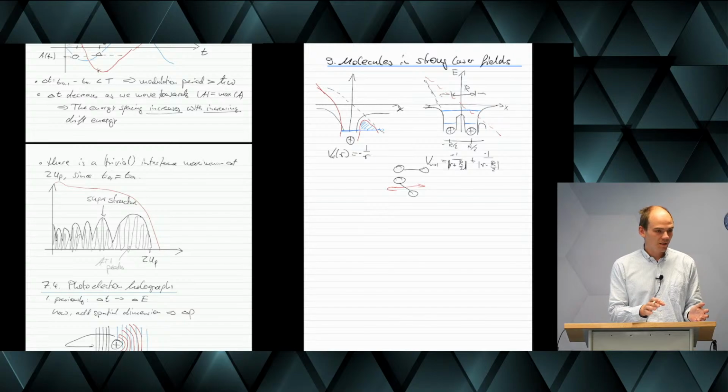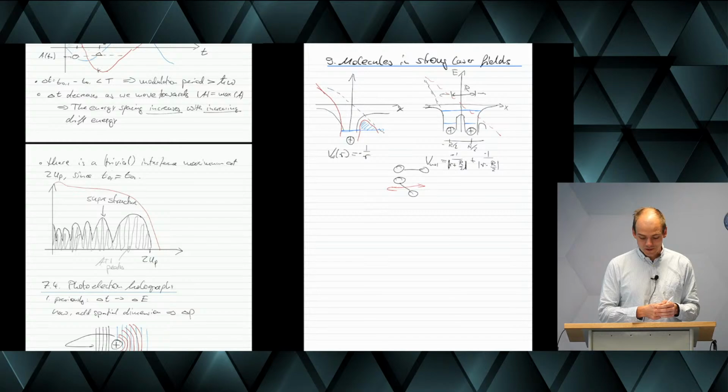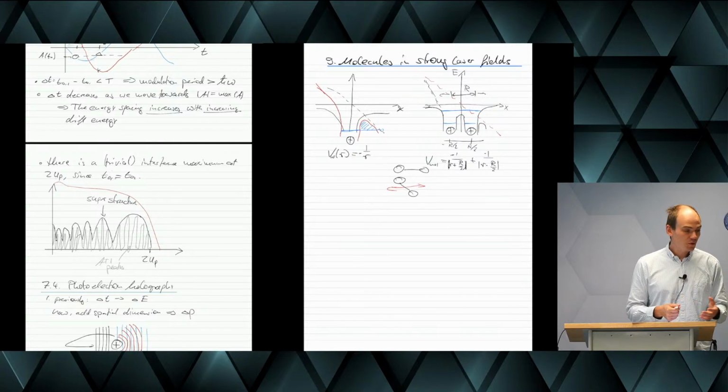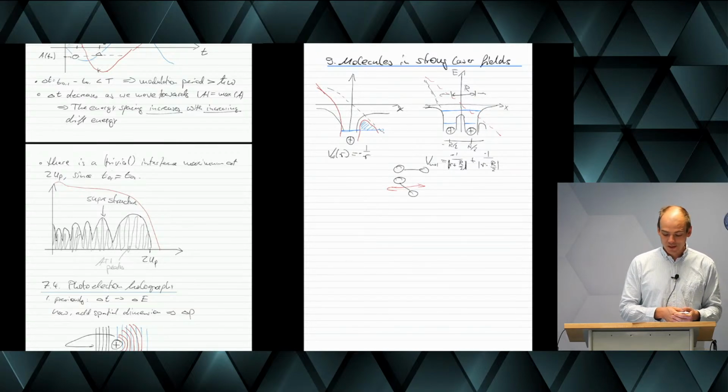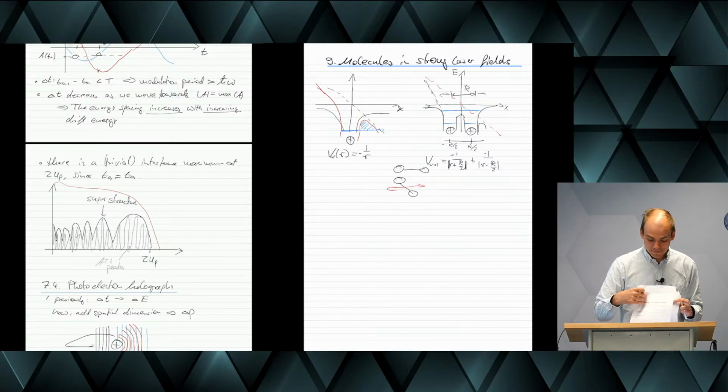So we can expect that the shape of the molecule, as well as the alignment with respect to the laser field, is important. And we will even see that all these dynamics can be intertwined, and this gives the possibility to manipulate the dynamics of the molecules and even chemical reactions. Okay.